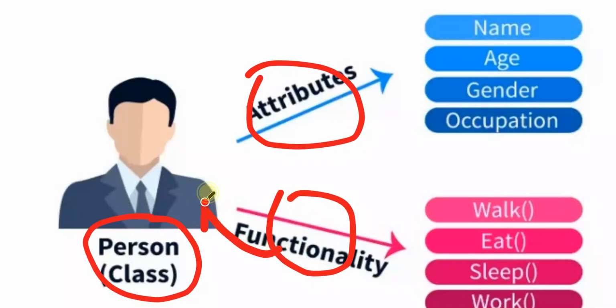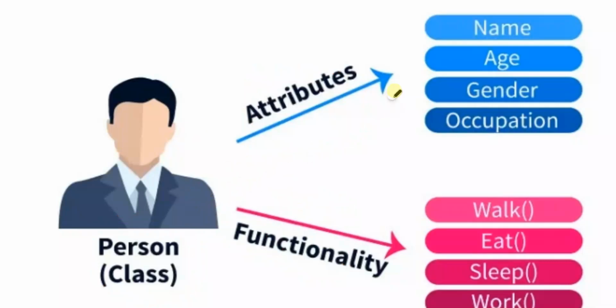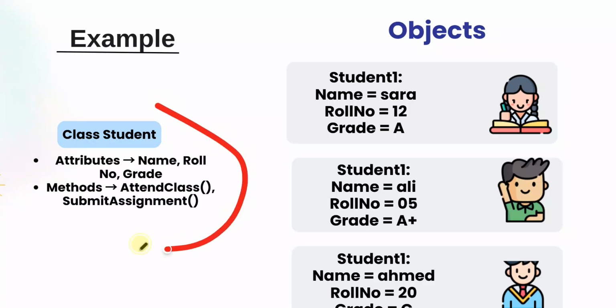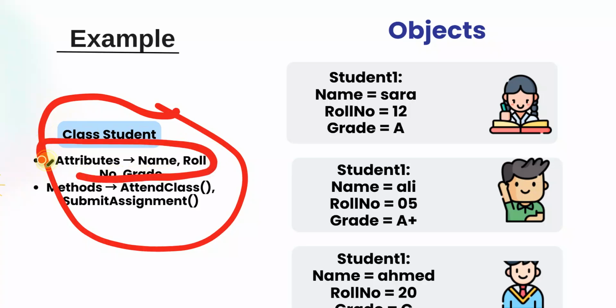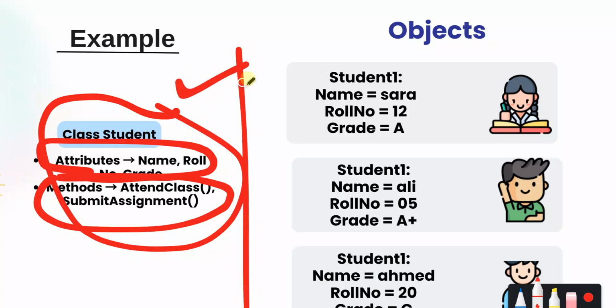The student has a functionality, and this is the reason we are including that in our application. This is the example of the student. We have created one class, we have clearly defined what type of attributes and what type of functions we will need. After defining the class, we created objects for it. For example, this is object number 1, this is object number 2, and this is object number 3.